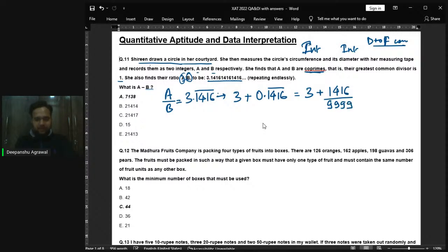By the standard definition of fractions, we can convert it this way. Now we have to solve for this. 9999 into 3 would be 29997, so 29997 plus 1416, divided by 9999, if we solve this correctly.